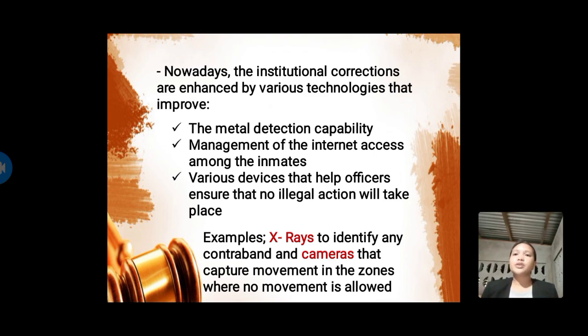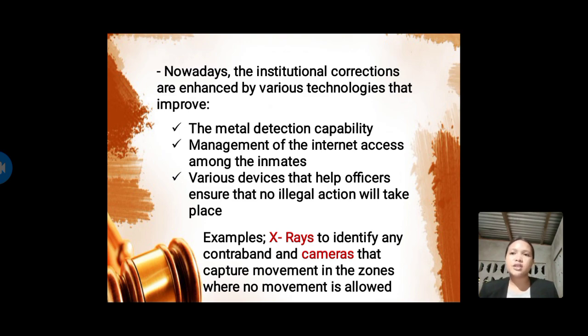Nowadays, institutional corrections are enhanced by various technologies that improve metal detection capability and management of internet access among the inmates, and various devices that help officers ensure that no illegal action takes place. Examples of these are X-rays to identify any contraband, and cameras that capture movement in zones where no movement is allowed.